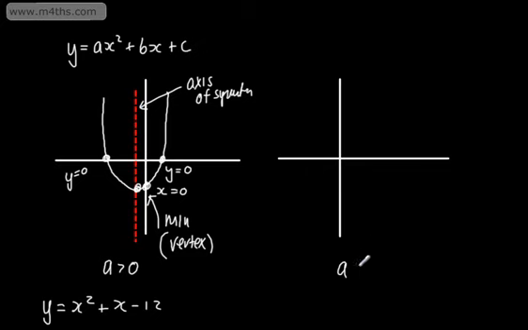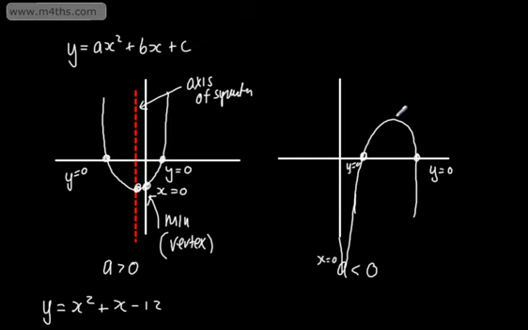If a is less than 0, we have a negative quadratic, and that will open downwards. So we have something like so. Again, we might have up to 2 solutions where y is equal to 0. y is equal to 0 here. We would have now a point on here where x is equal to 0.